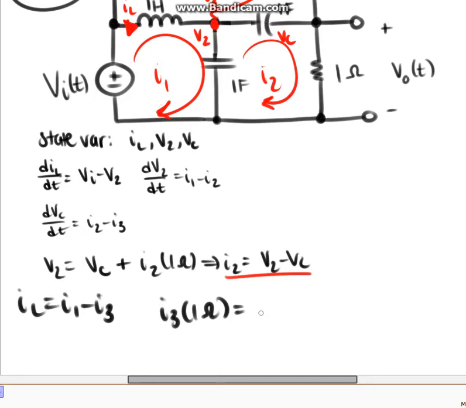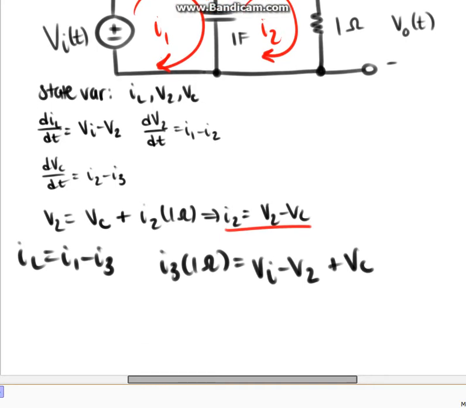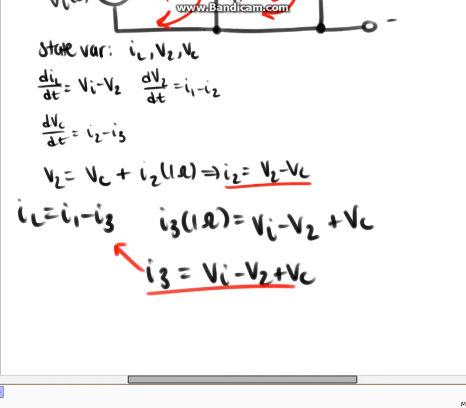The voltage across the inductor is the input voltage VI minus V2, plus VC. So we are left with I3 equals VI minus V2 plus VC. We found I3, and we can plug I3 in there, giving us I1 after cleaning up the algebra. We have I1 equal to IL plus VI minus V2 plus VC.